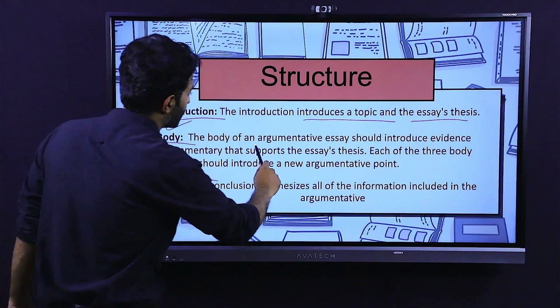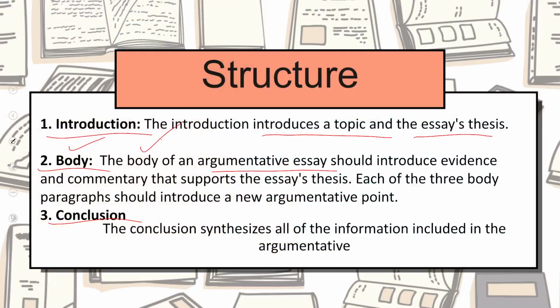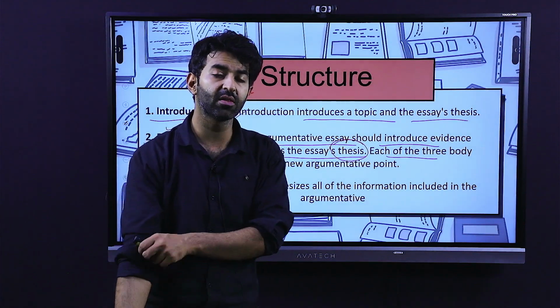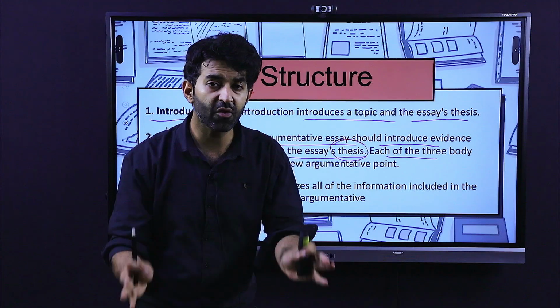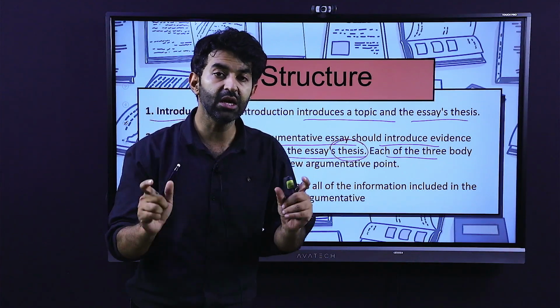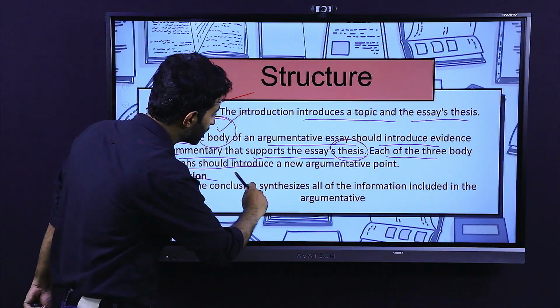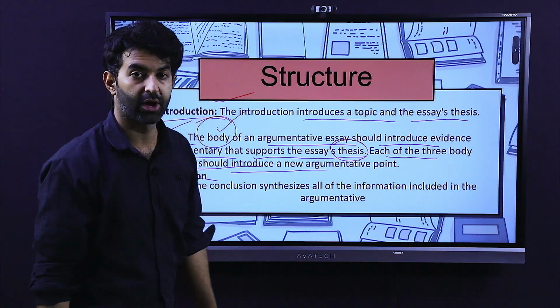The body of an argumentative essay, the whole text right after the introduction, should introduce evidence and commentary that supports the essay's thesis. Each of the three body paragraphs should introduce a new argumentative point. You can include as many paragraphs as you like in the body, but there should be at least three of them, and each should cater to a different argumentative point.